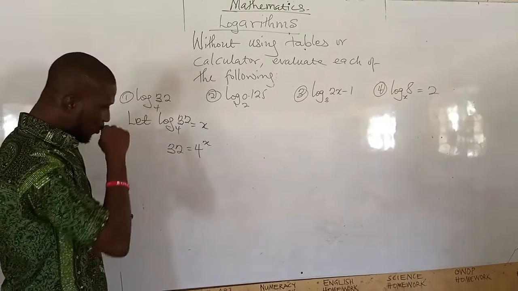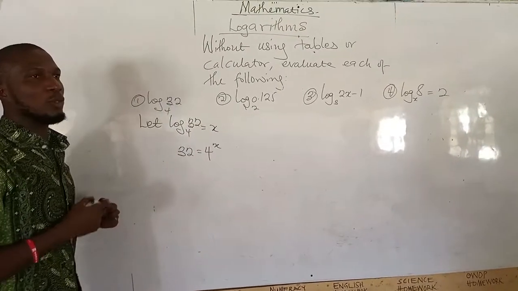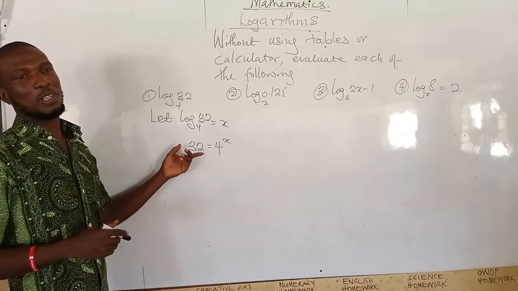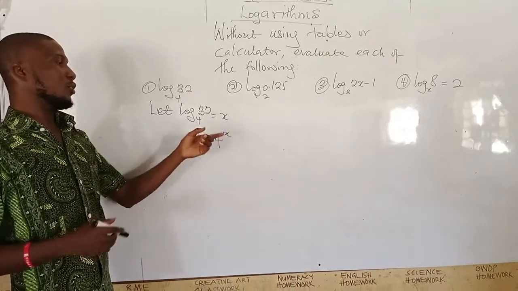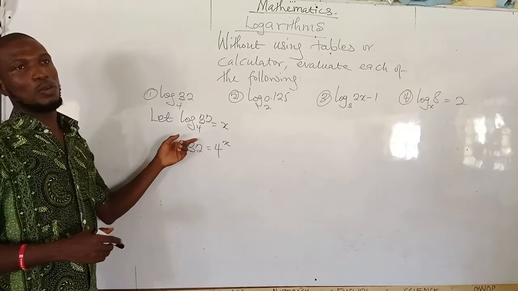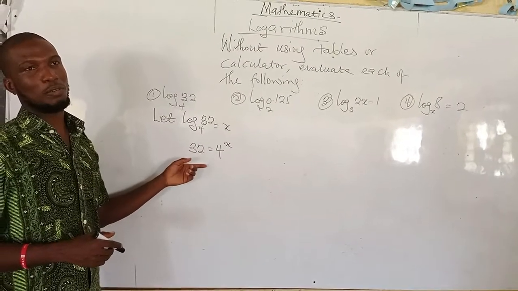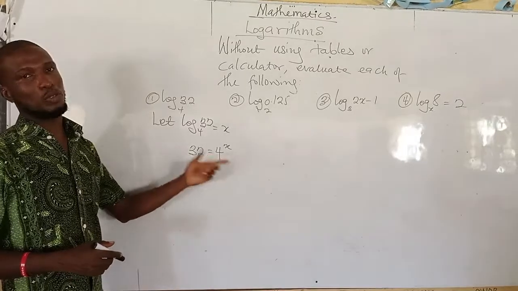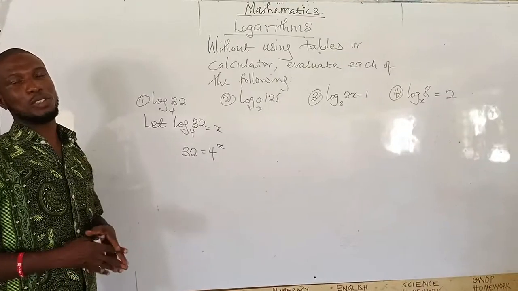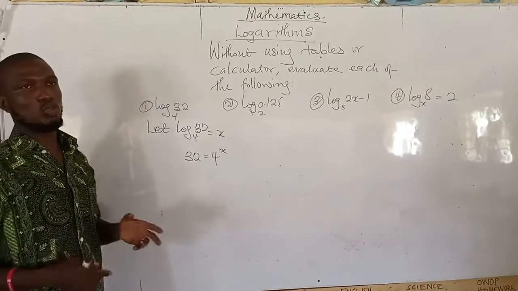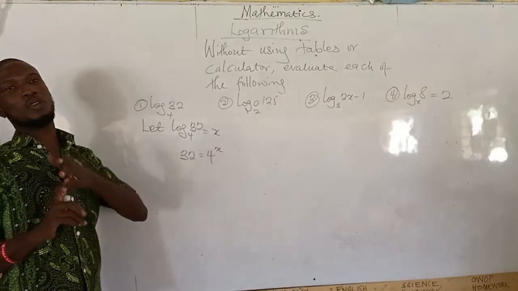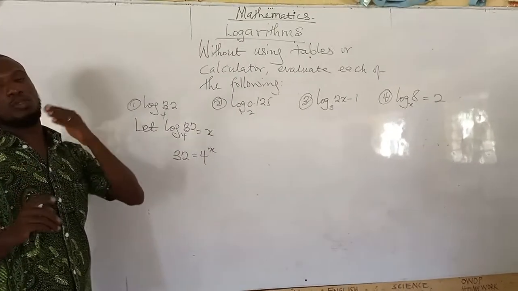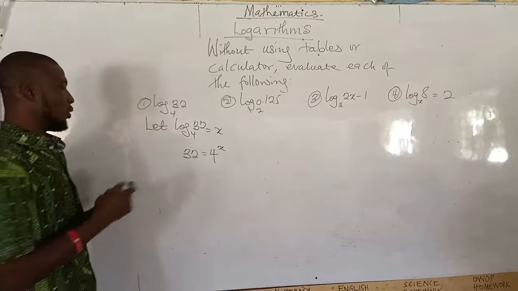Here we want a common base, but we can see that we cannot have 4 exponent anything to give us 32. But we can have 2 exponent 5 to give us 32, and 2 exponent 2 to give us 4. So instead of using the 4, we will use 2, because 2 times 2 is 4, 4 times 2 is 8, 8 times 2 is 16, 16 times 2 is 32. So that is 2 exponent 5.